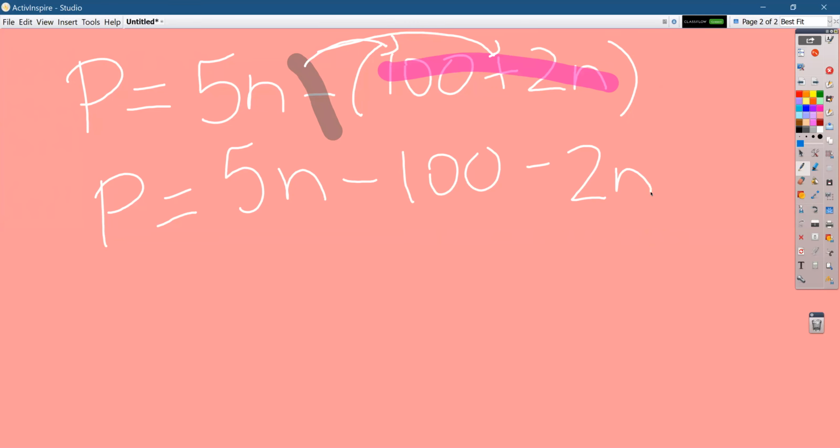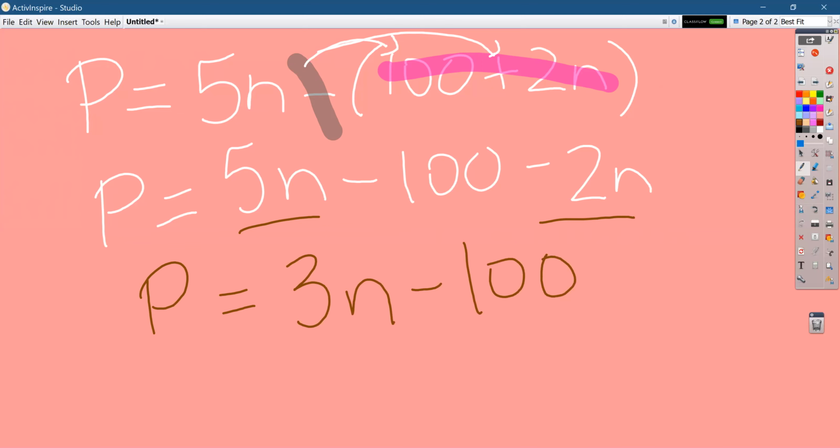Oh, looky there. We have some like terms. So our profit then, 5 minus 2 is 3N minus 100. Now I know how Johnny makes his profit. I hope this example has been helpful to you.